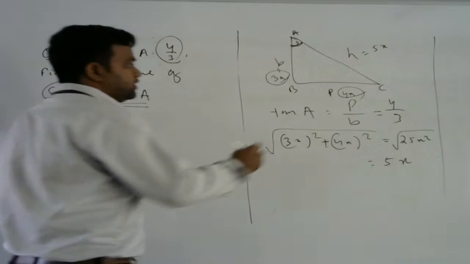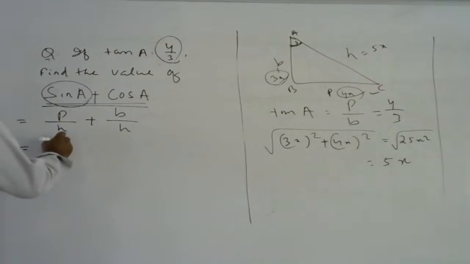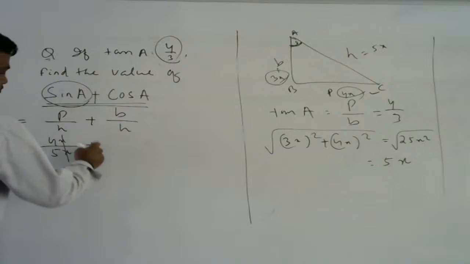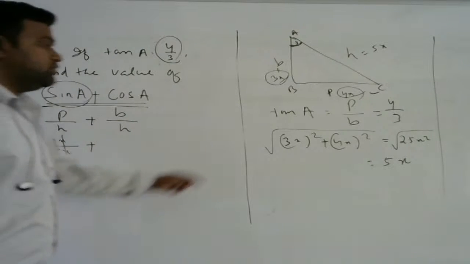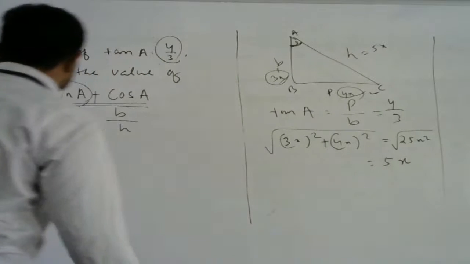P here is 4x and H is 5x, plus, that's why I told you, if we consider only 3 and 4 also, you can solve it without considering x.